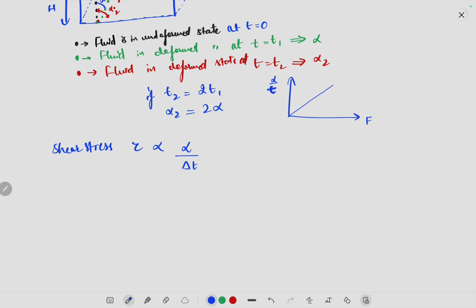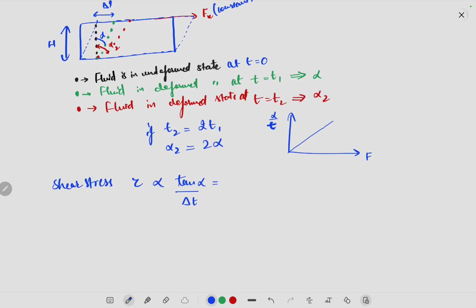Now again, like in solids, for small deformations this alpha can be replaced with tan alpha, and this tan alpha can be written as delta L by H, and delta T was here, so we'll just write it.